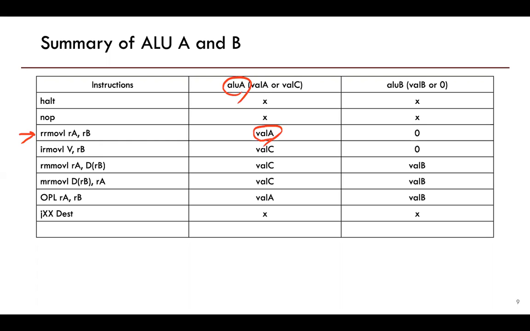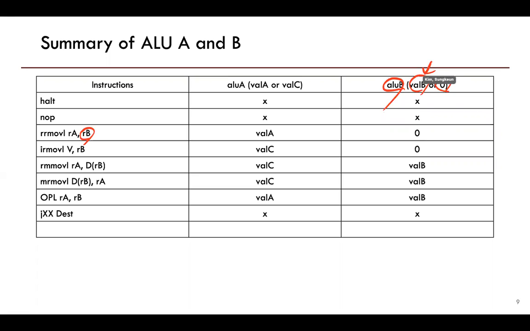By the way, value A is actually coming from a register, right? The value A is the value of register A, and then for ALU B, value B or 0? Do we need to read value B?